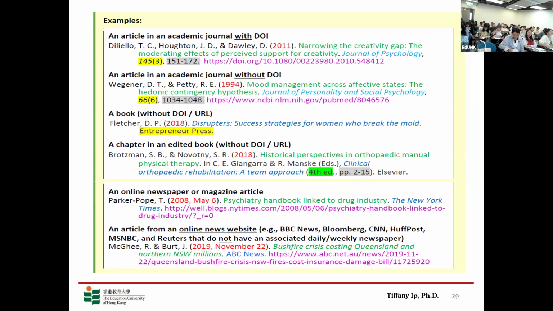Then I'll check this. And here, very quickly going through this with you so that you know what the different colors are referring to, and you know how to replace that. So here is an academic journal with DOI. Treat DOI as a link. You see the purple part here at the end, HTTP and then DOI.